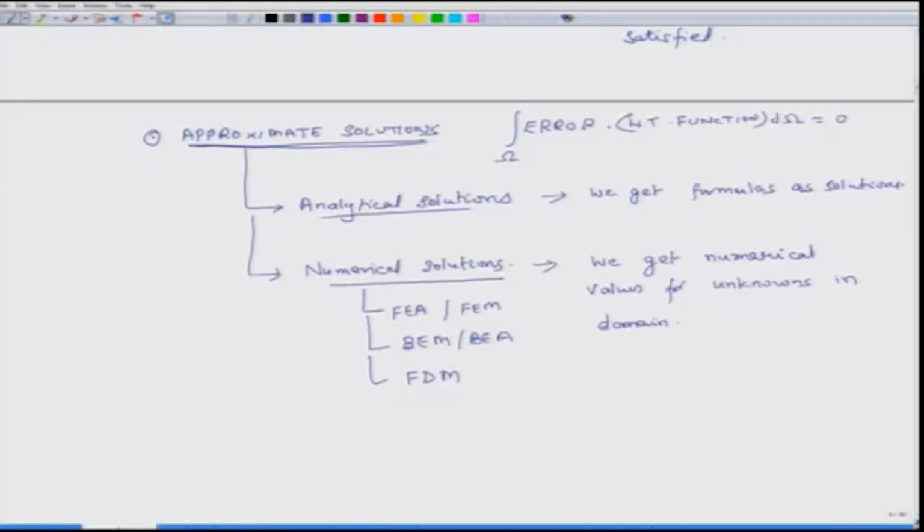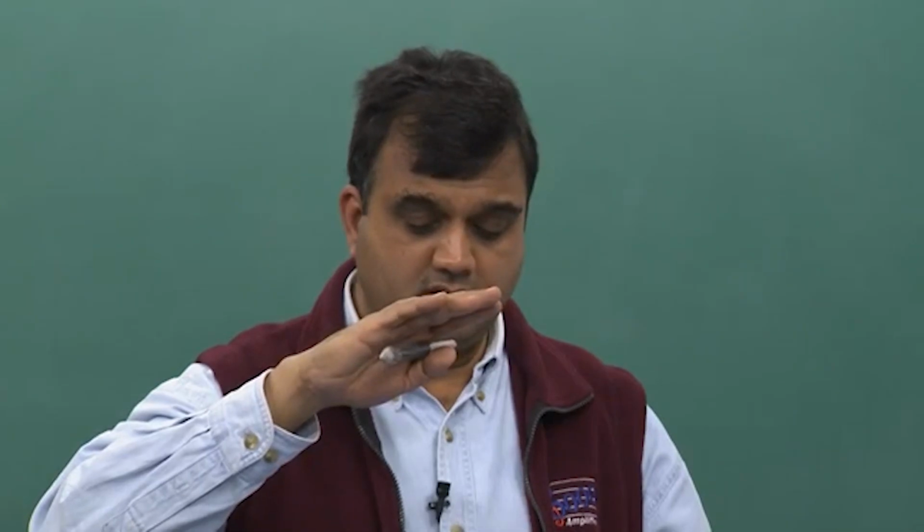One more thing. We said that in approximate solutions there are two categories, analytical and numerical, and in both these approaches what we are trying to do is have a weighted integral of the error: we weight the error, add that up over the domain, and then equate it to 0.